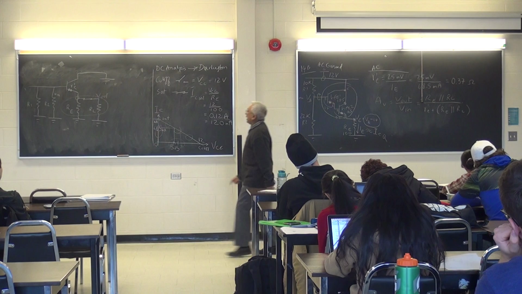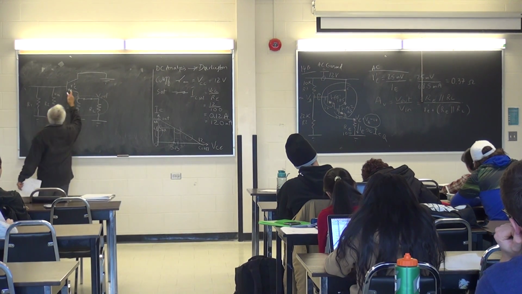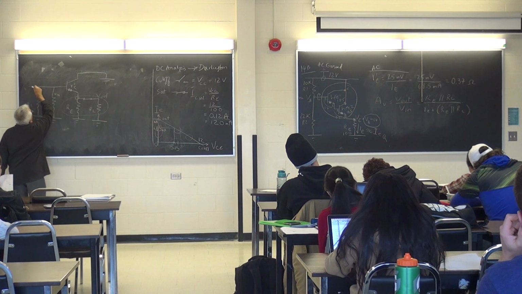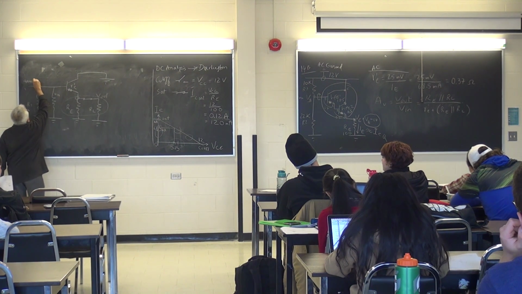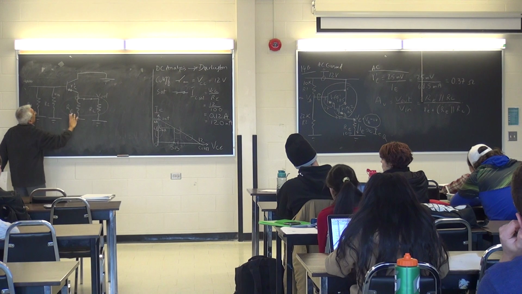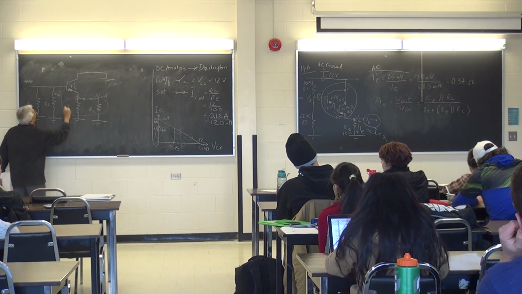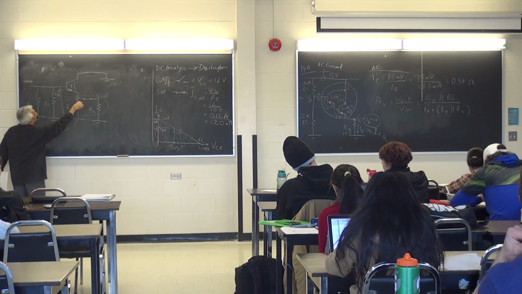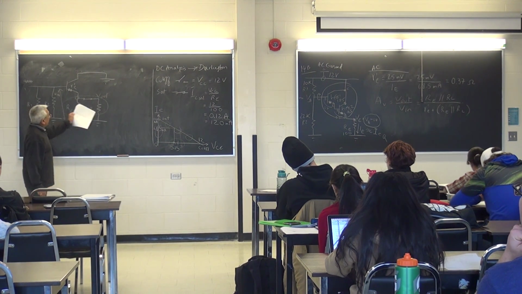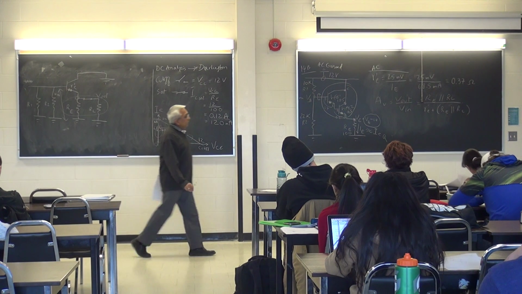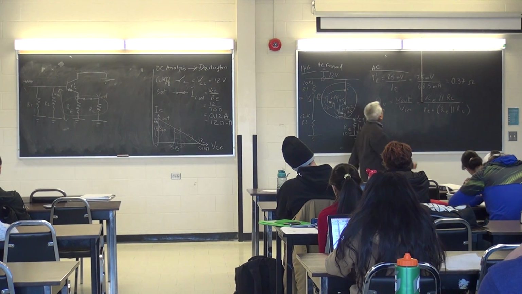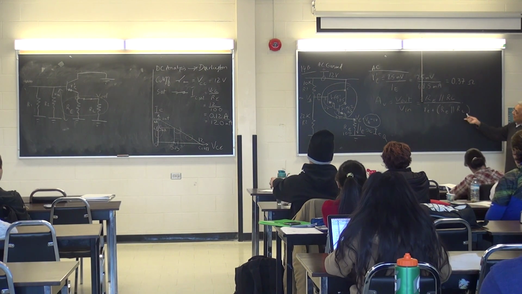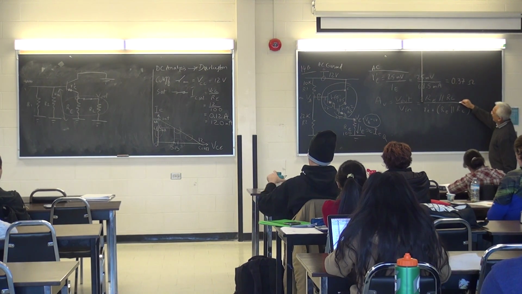So there's my R prime E here. And when I'm looking at the input signal here, it sees this voltage here, V in, and it's R prime E in series with RE in parallel with RL. So that's how V out over V in can be expressed in terms of resistances.